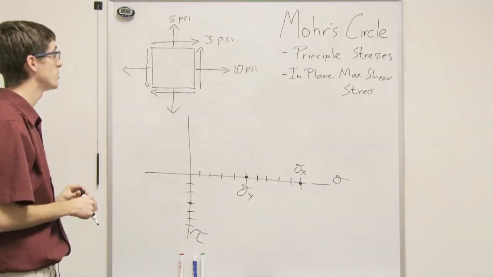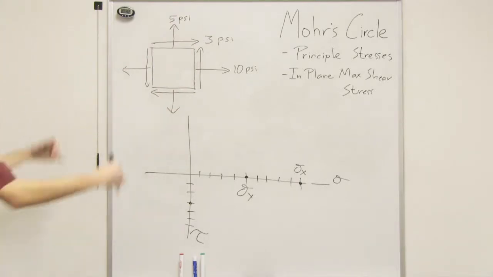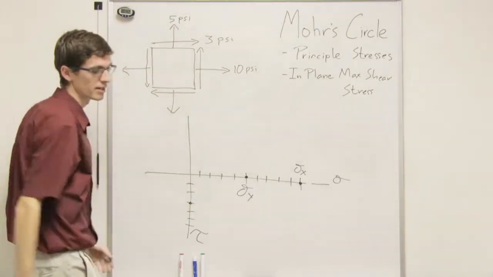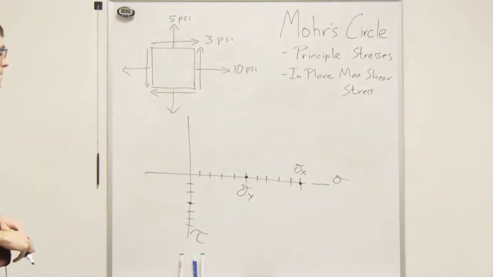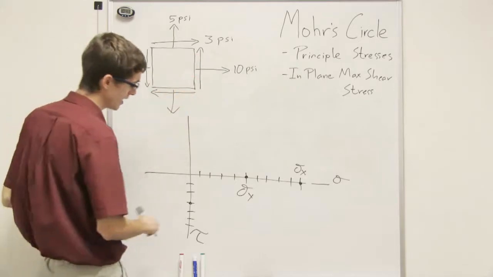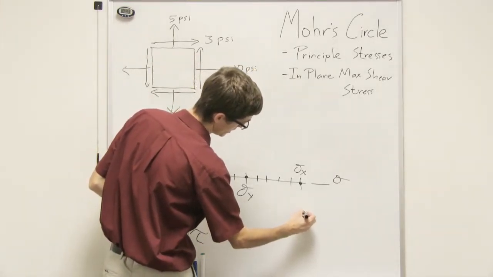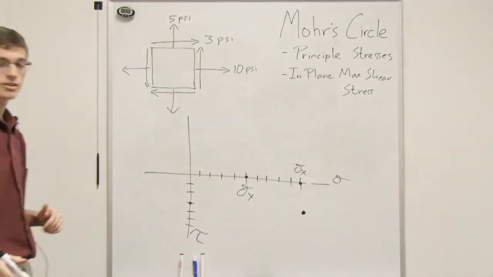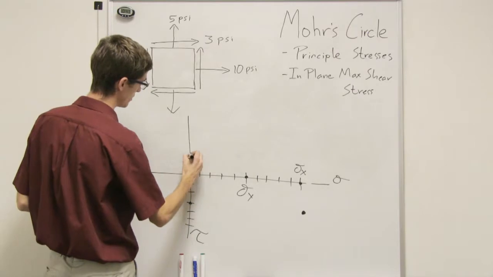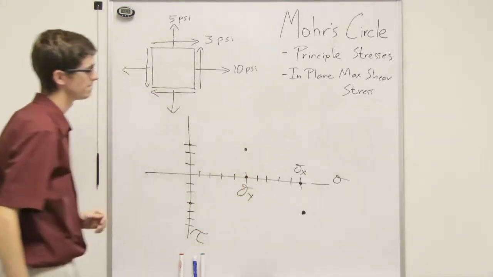Positive is when it's going up into the right corner, and negative is when it's going down into the right bottom corner. We're going to take that shear, which is 3 psi, and apply it here to the x component. So we're going to put it right there. And then we're going to draw the negative version of that, the negative 3, 1, 2, 3, right there, on the y component.